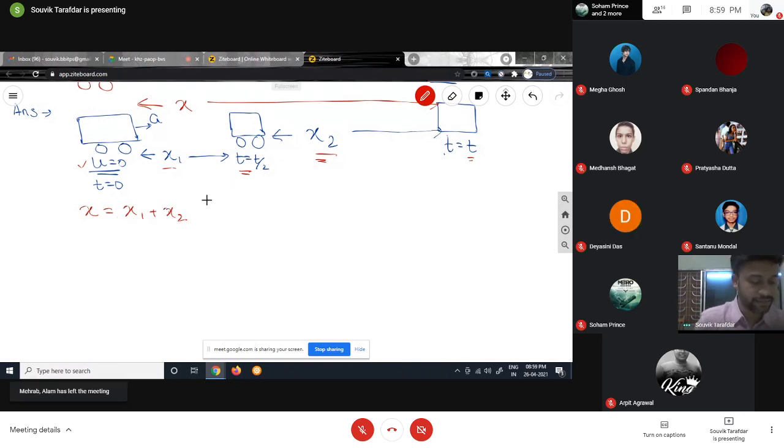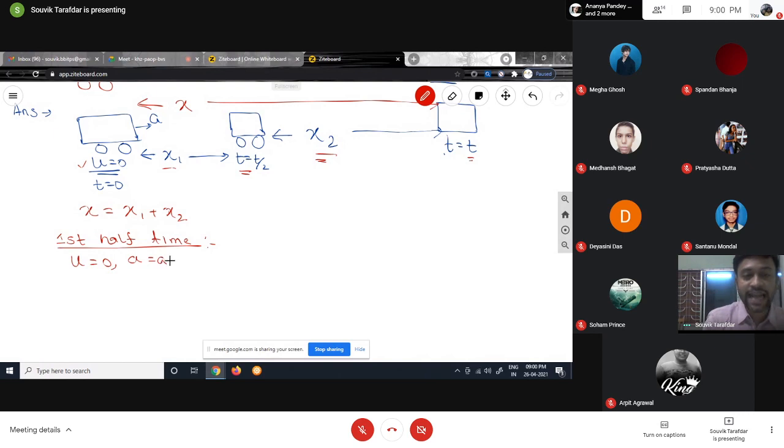Now see one thing. In the first half time, what happened? At that time, initial velocity was how much? 0. Acceleration was how much? A. And for how much time did it actually move?